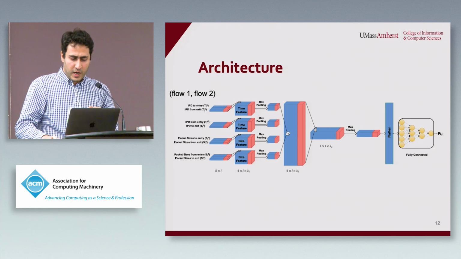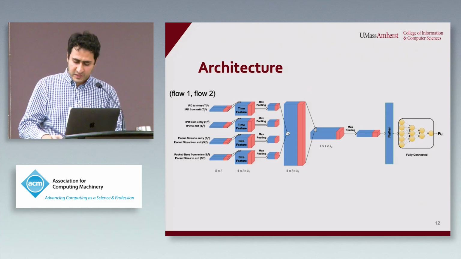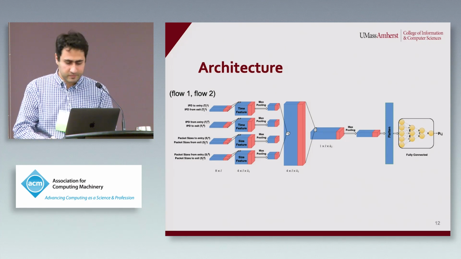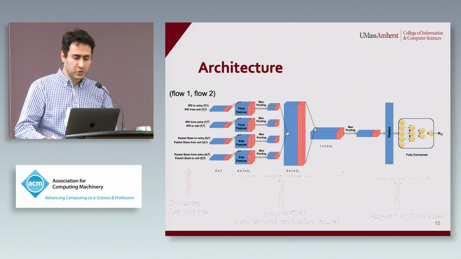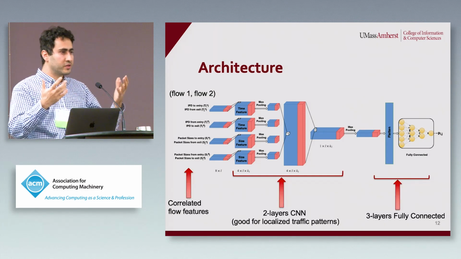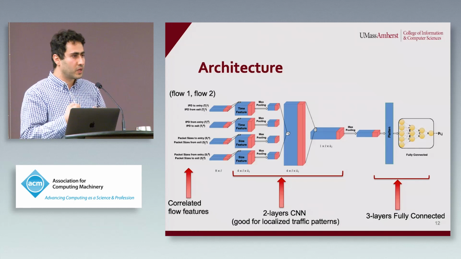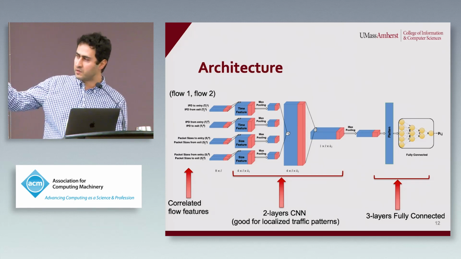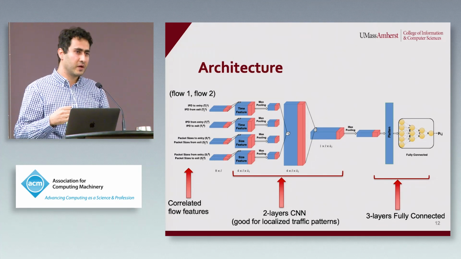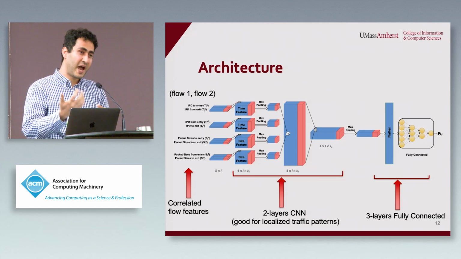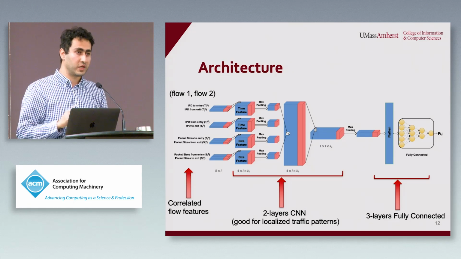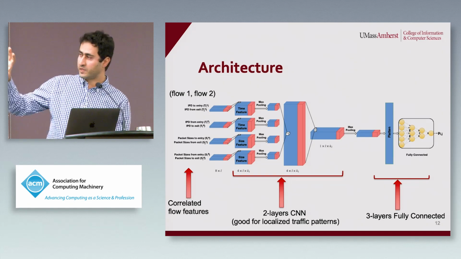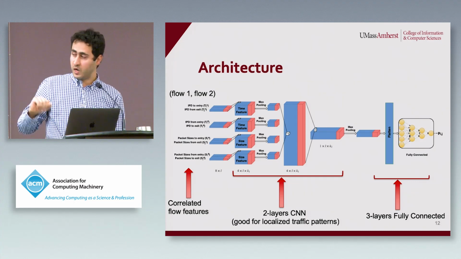On the left side, it's not so visible, but we pair the features of the two flows that are supposed to be correlated together. For instance, the interpacket delays (IPDs) and sizes of packets at different points of the two flows are paired as the inputs to the model.